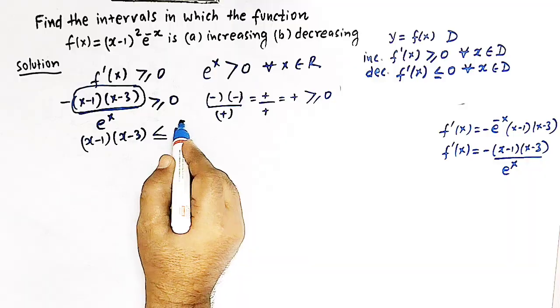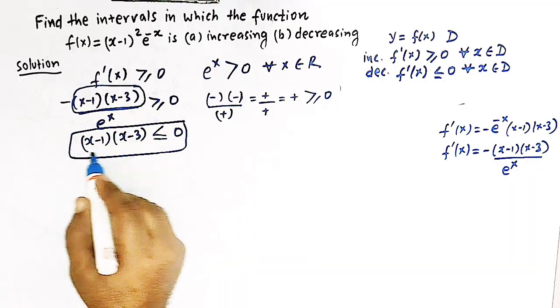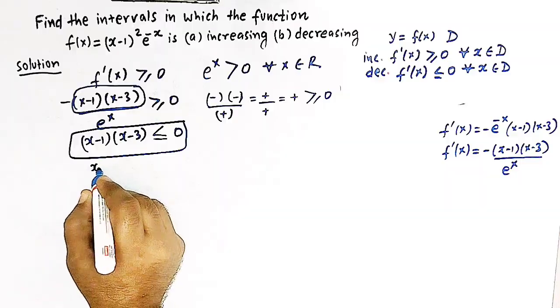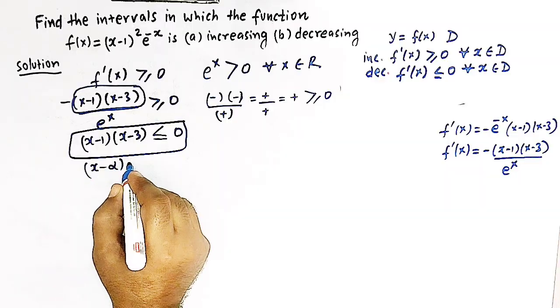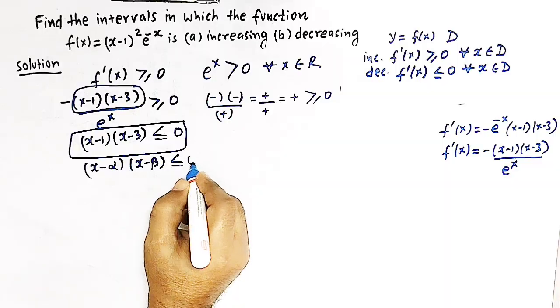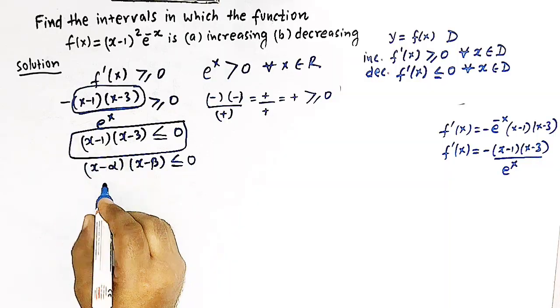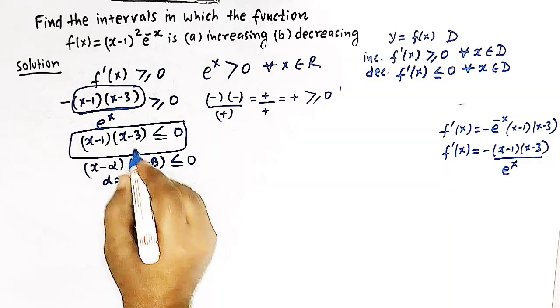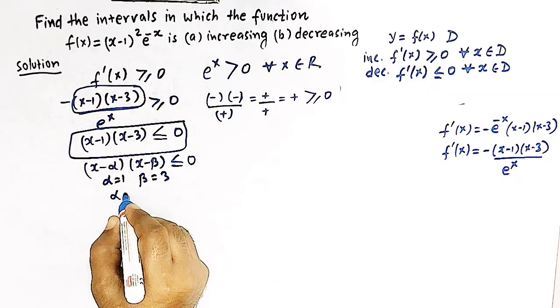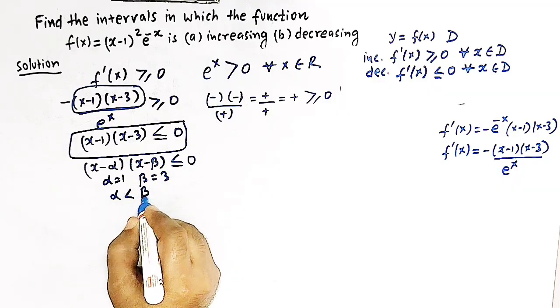So now we have to solve this inequality. This inequality is of the form (x minus alpha)(x minus beta) less than or equal to 0, where alpha is equal to 1 and beta is equal to 3, and alpha is less than beta.